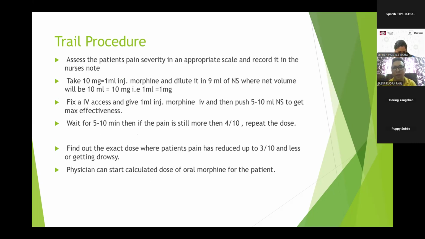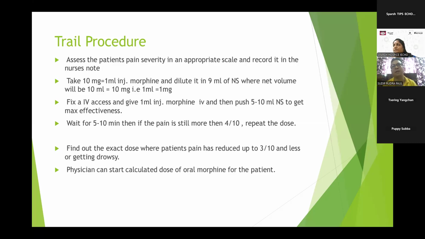If I am on duty using the numerical rating scale, and Anusha madam comes and uses the Wong-Baker scale, of course the results will be different. We have to use the same scale every time for this particular patient so that we can compare the efficacy of our painkillers. So we have to assess the pain.